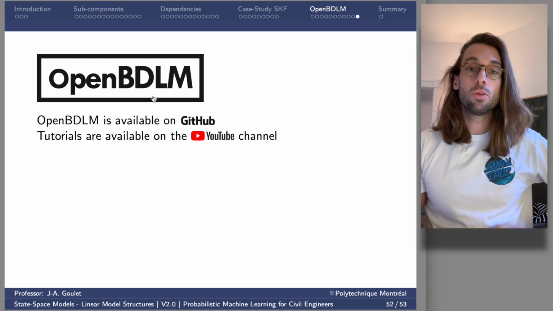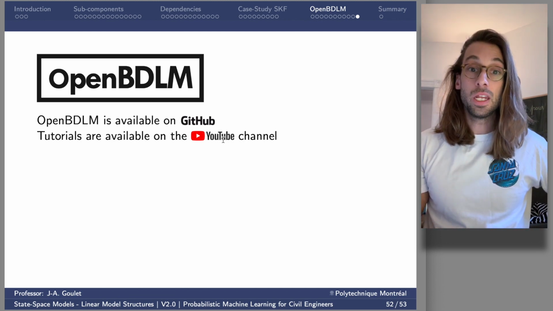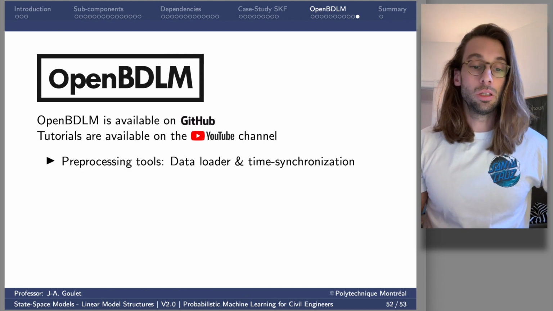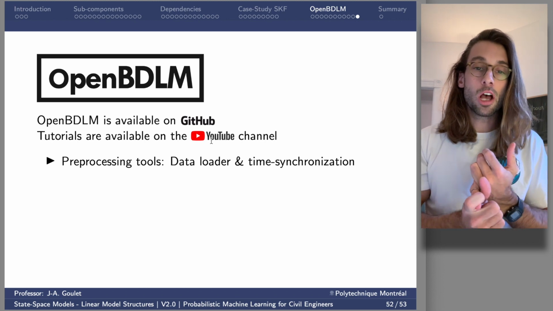Okay, so if you want to know how to use it, either look at the paper documentation or the video documentation associated with OpenBDLM. So what is available for you?